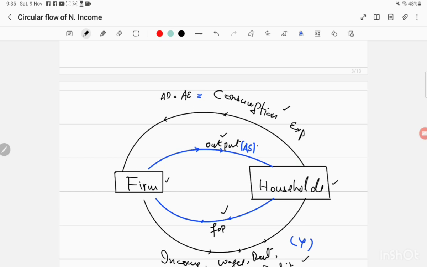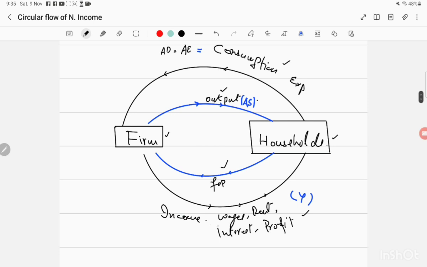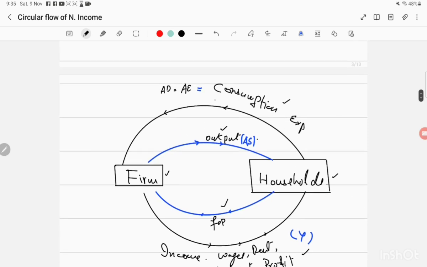So the same money which is circulating in the outer loop, that is circulating from firm to the household, first of all in the form of income, then all those incomes are spent on buying those goods which are produced by the firm. So in the upper loop, we will see all the expenditures of the households, they are going to the firm.